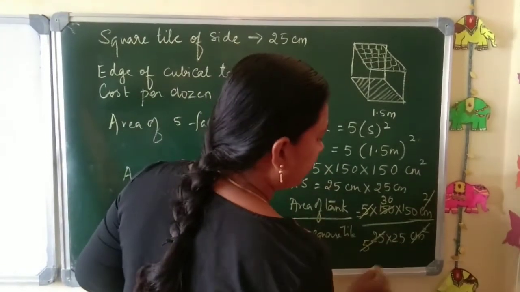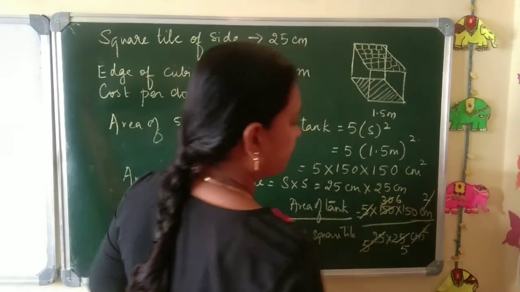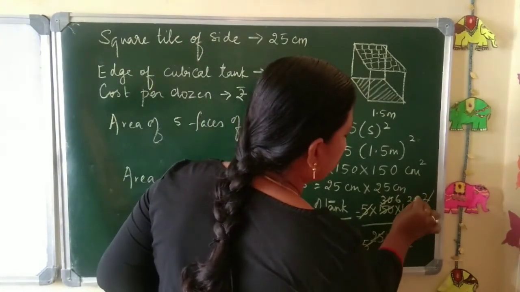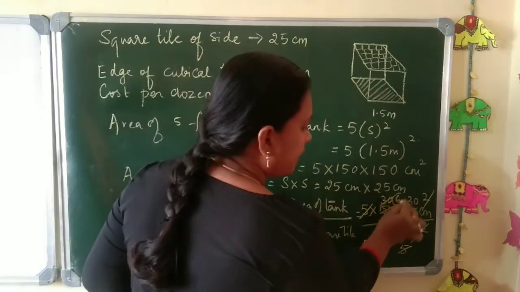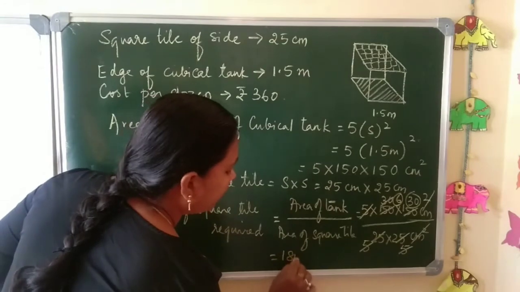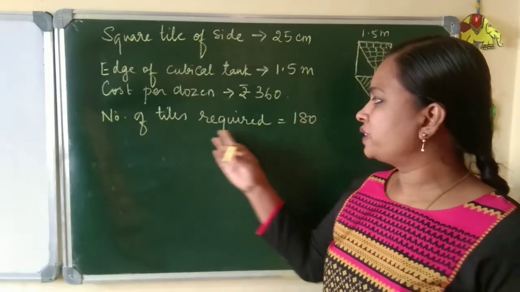Again here you can cancel 5 and it is 6. Here you can cancel 5 and 30. So you are left with 6 and 30, which is equal to 180 tiles.